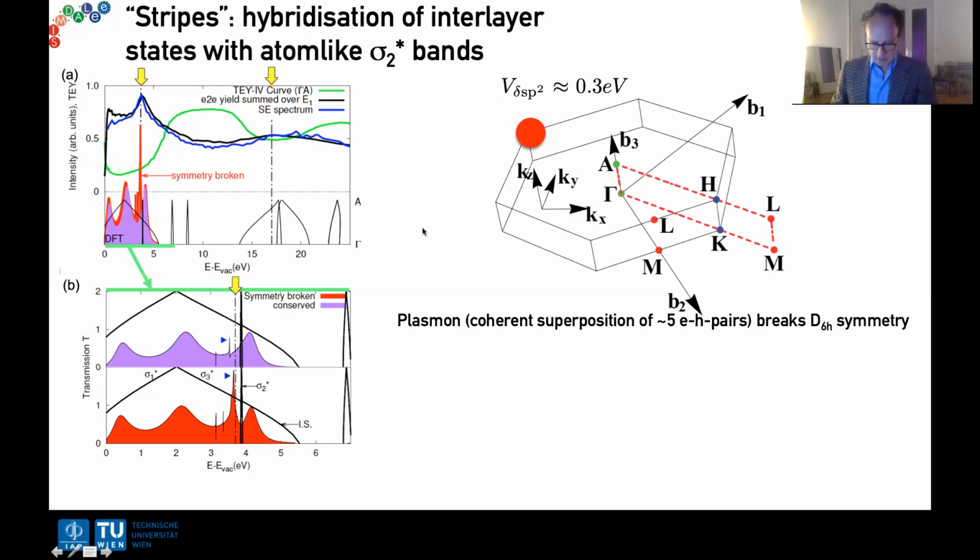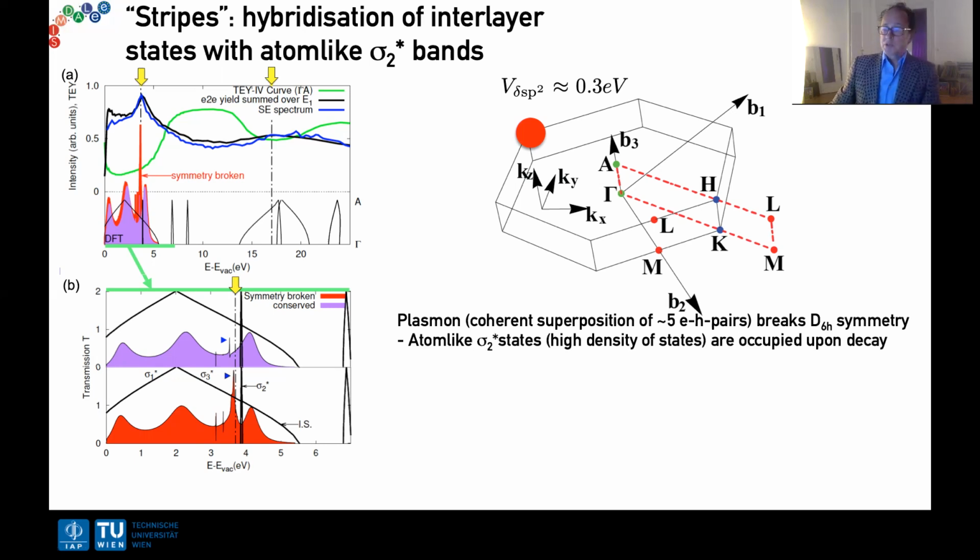Well, we have the following mechanism in mind. A plasmon is excited and decays, and it breaks the D6h crystal symmetry. A plasmon is a coherent superposition of electron-hole pairs which wiggle a little bit. So certainly the electronic band structure no longer corresponds to the one-electron solid band structure.